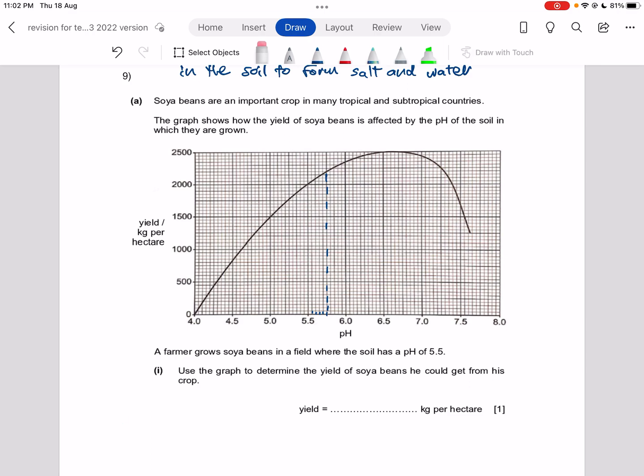Right. 5.5. Let me see. Okay, so we read up from 5.5. So the yield is around 2000, right?